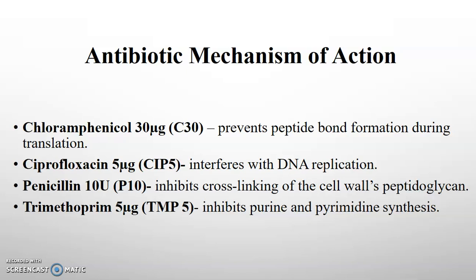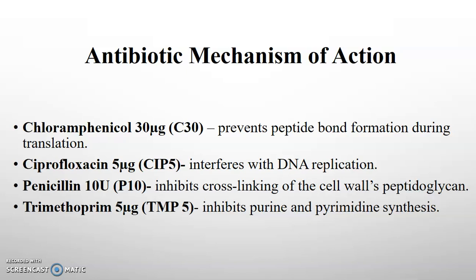So chloramphenicol is an antibiotic that prevents peptide bond formation during translation. You may or may not remember replication, transcription, and translation. If you don't, we're doing this in chapter 8 in lecture.